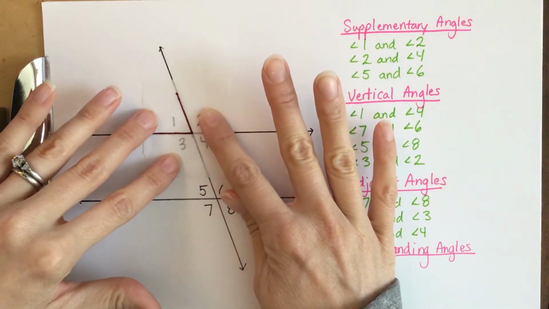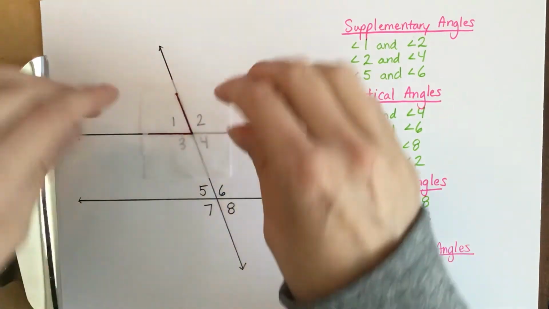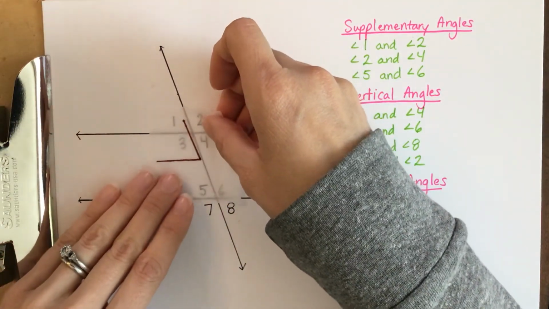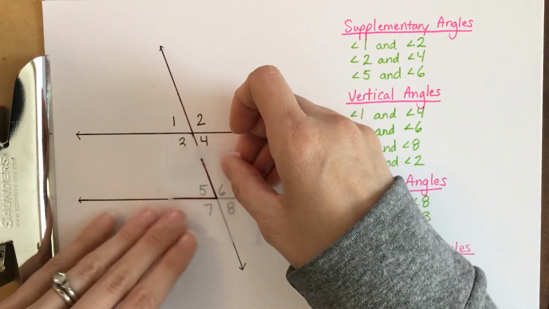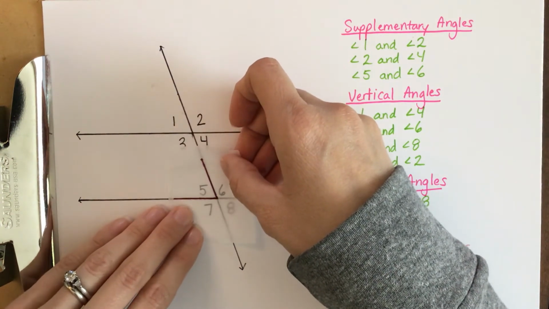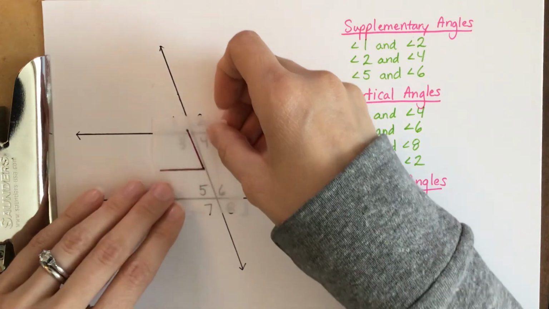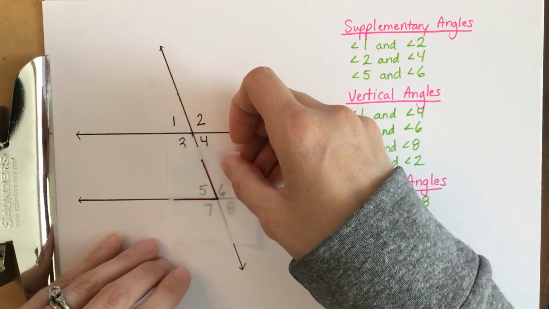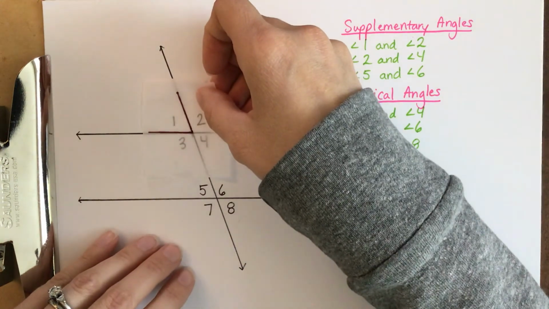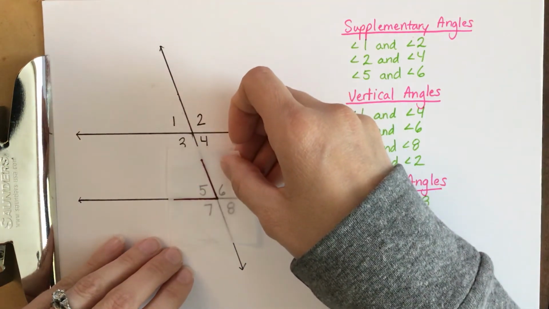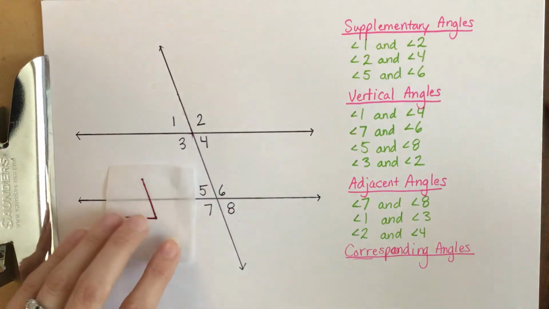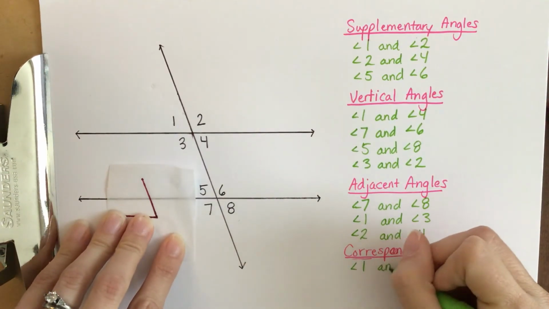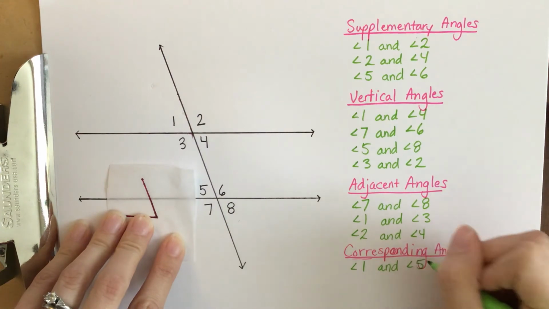So if I slide this angle down the transversal, there we have it. There's the corresponding angle to angle 1. So angle 5 and angle 1 are considered corresponding because you just slide down that transversal, and they are considered congruent. Okay, so the first set of corresponding angles that we can note is angle 1 and angle 5.